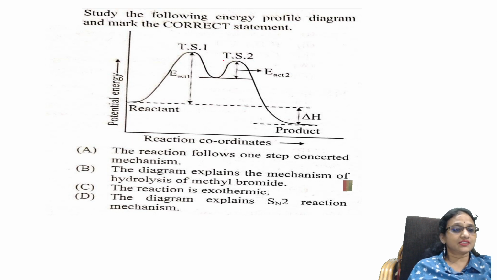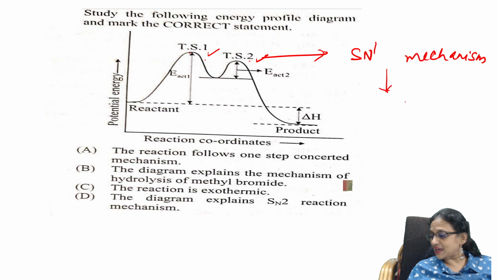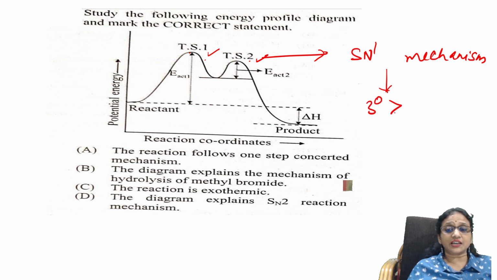Next, study the correct energy profile diagram. I said earlier, students, whenever you have two peaks, remember, it is your SN1 mechanism. In this SN1 mechanism, it always happens with tertiary alkyl halides.